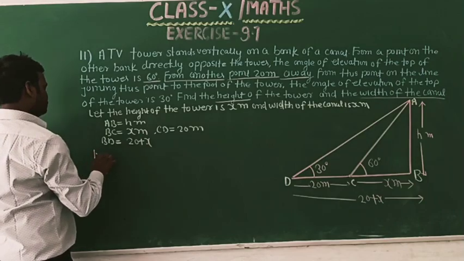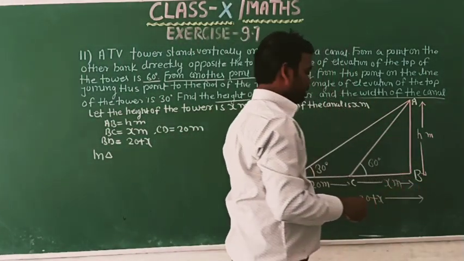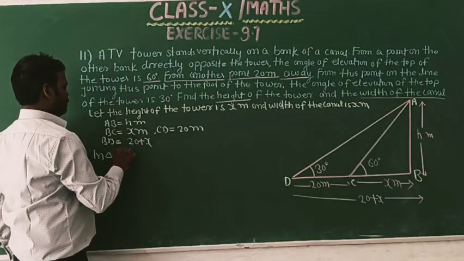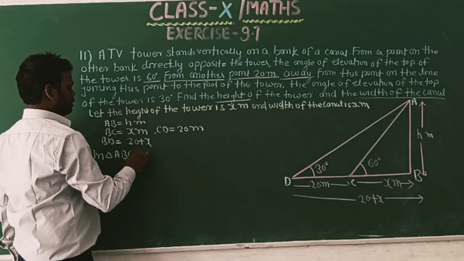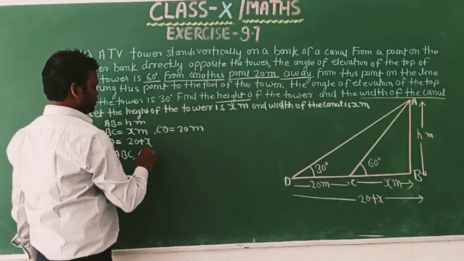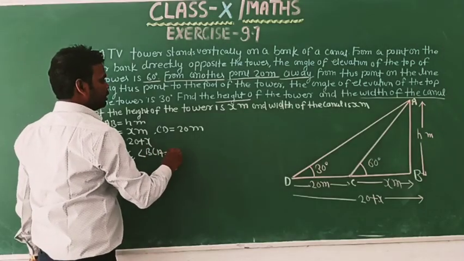Now in right angle triangle ABC, angle BCA equal to 60 degree.